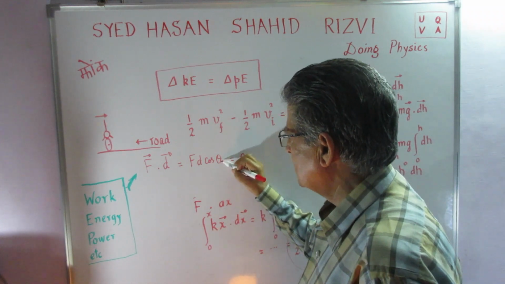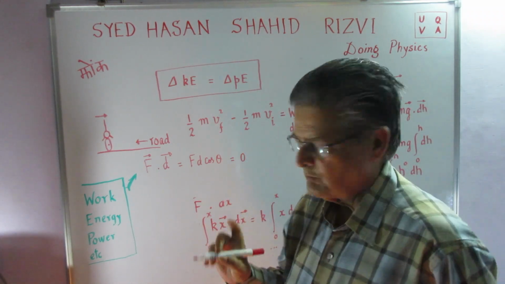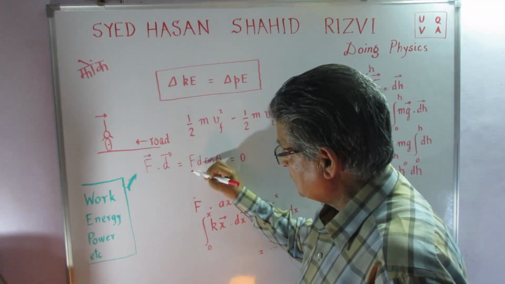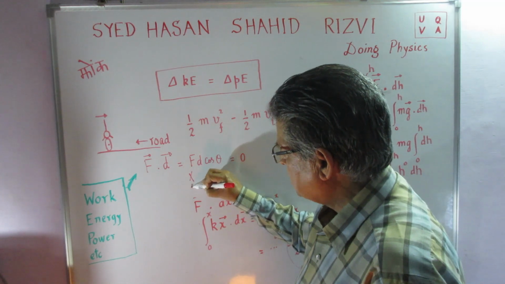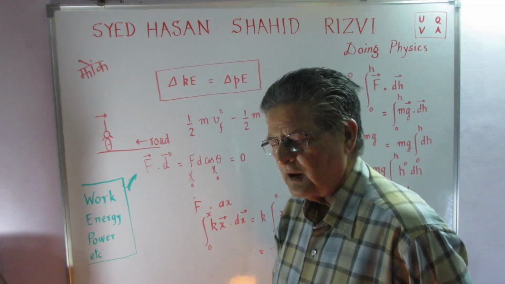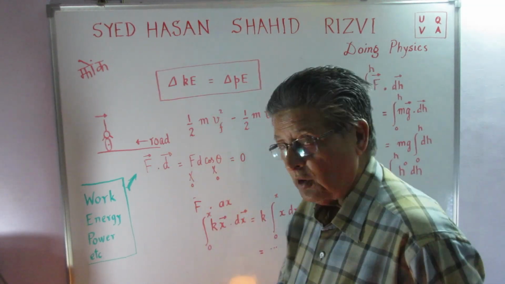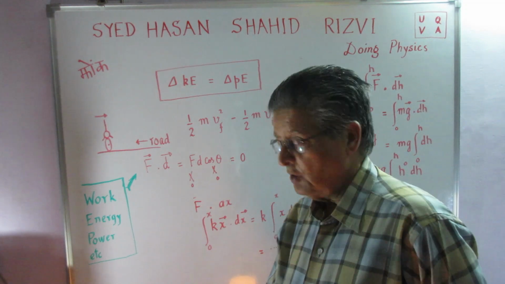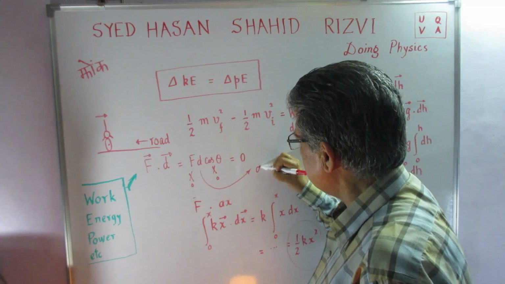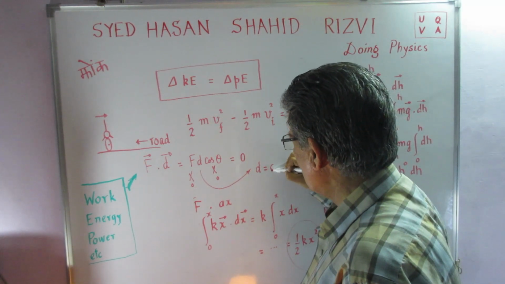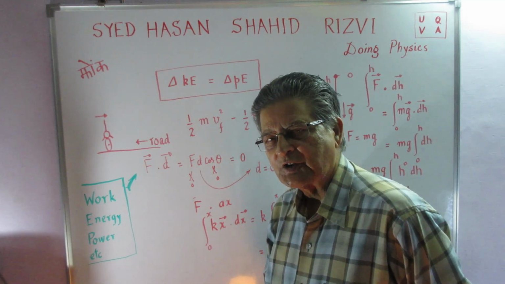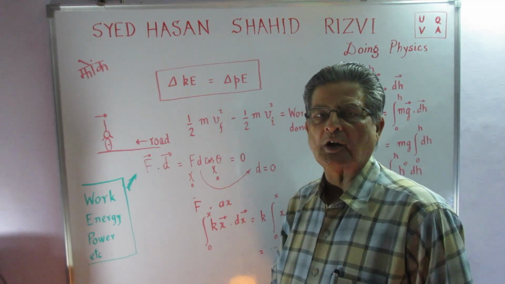Why? Because theta is not 90 degrees, F is there and not 0, yet the work has to be 0. The reason is that my D is equal to 0: the road does not move, though the bicycle is applying a force on the road.